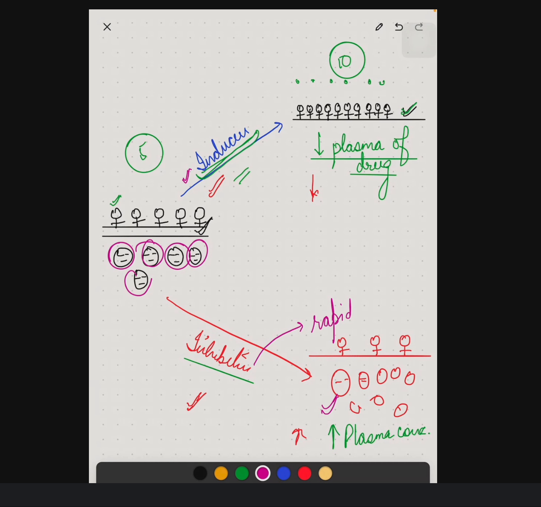They need time, or these inducers produce their inducing effect in a few days because there is need of synthesis of more cytochromes. So the effect of inducers comes after a few days, but the effect of inhibitors is rapid.